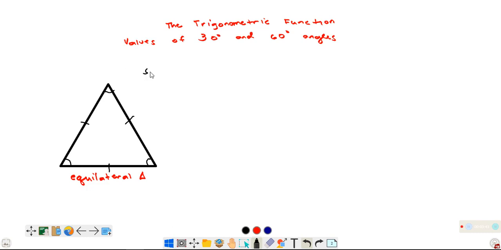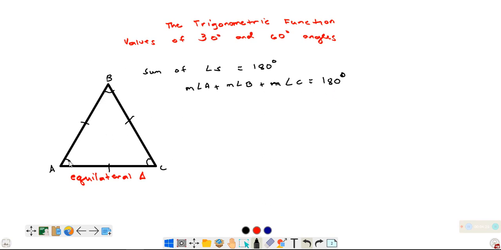Now please recall the sum of interior angles in a triangle. The sum of angles in a triangle is equal to 180 degrees. So kung meron ka ditong angle A, angle B, and angle C, angle A plus angle B plus angle C is equal to 180 degrees.